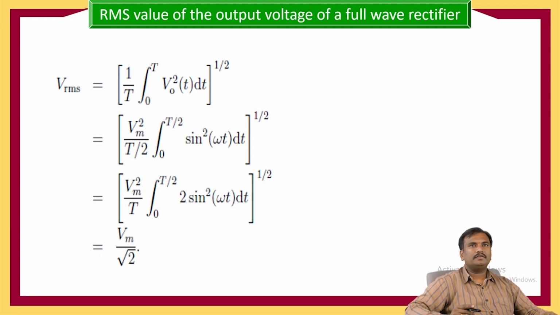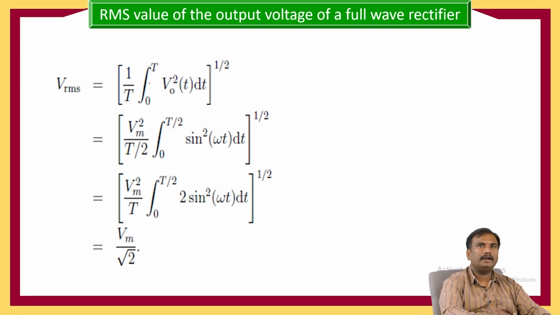And next, if we substitute for calculating the RMS value of output voltage, 1 by T integration 0 to T, V naught square of t dt, whole power 1 by 2. Here if we substitute the limits, Vm square by T by 2 into integration 0 to T by 2 sine square omega t dt, whole power 1 by 2.